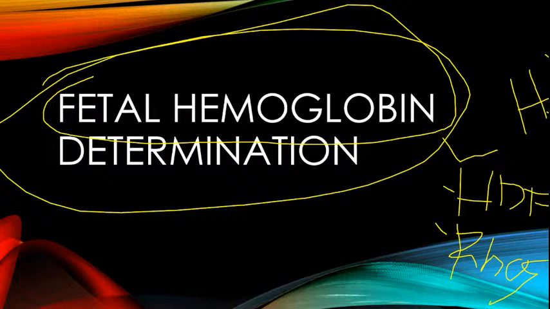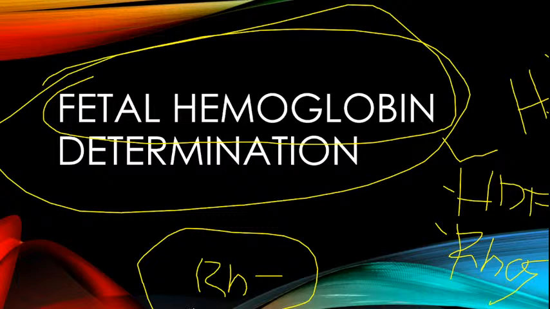What's RhoGAM? Anti-RH antibodies that can be delivered intravenously to the mother so that she will not be sensitized to RH, to produce RH antibodies. Why? What is the relevance of RH antibodies? In the first pregnancy, the baby is okay.